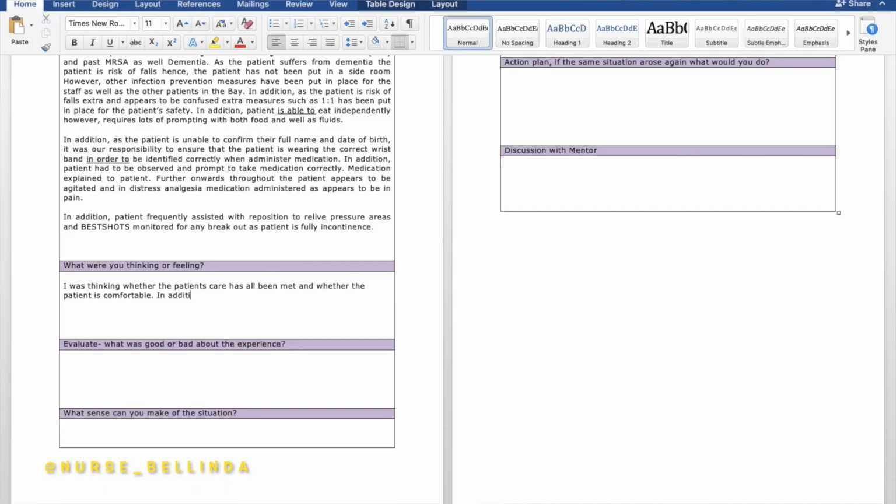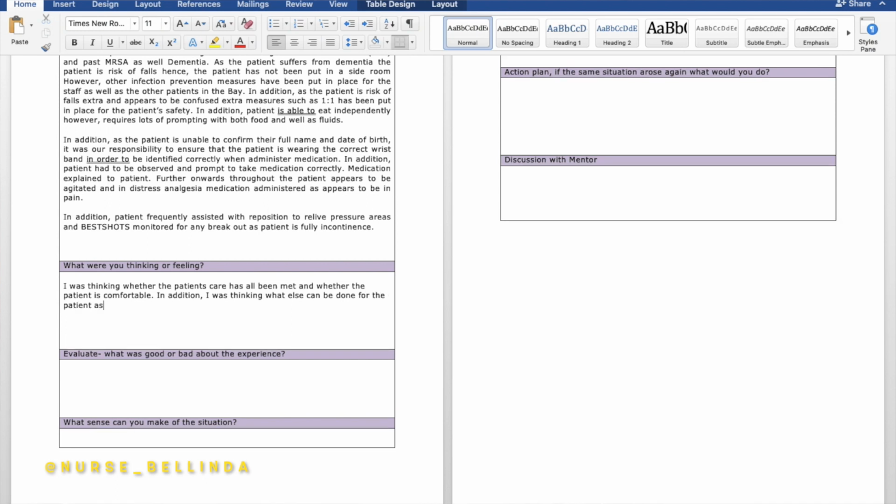Obviously you can see whether the patient is comfortable through their body language. In addition, I was thinking what else can be done for the patient, as the patient appears to be settled and comfortable.